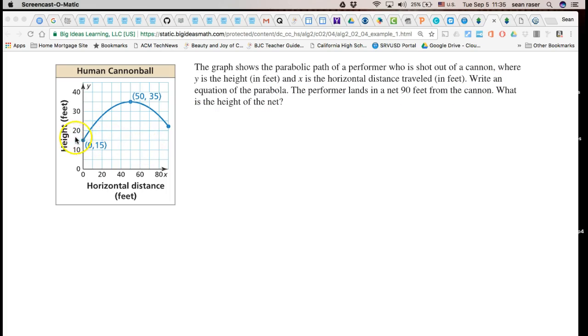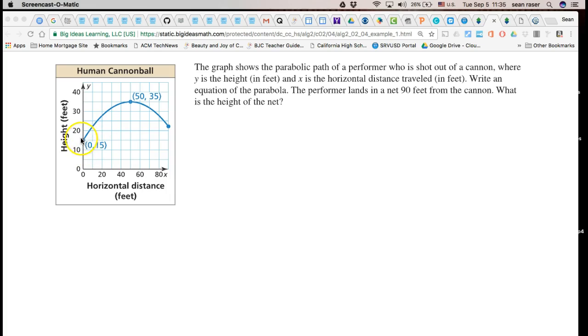So what you want to do is look at your graph, and you'll notice that you've got 2 points labeled here. One of which is the vertex. Remember, the vertex is always the maximum height or the minimum height. So here we've got our vertex, and we have one other point. This happens to be our y-intercept, but it doesn't matter. It can be any point on the graph.